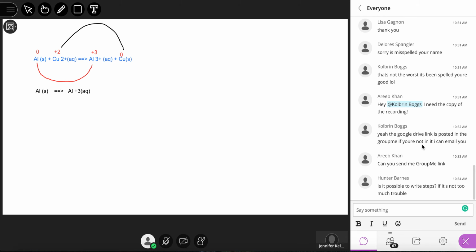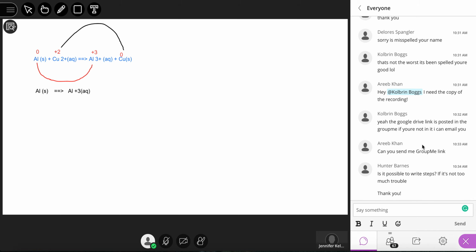All right, and then we're going to do the same thing with the copper one. All right, so step 1, give oxidation numbers, using the rules.